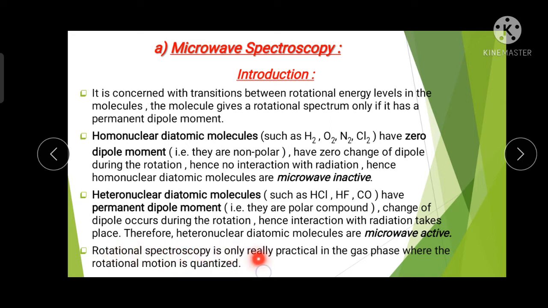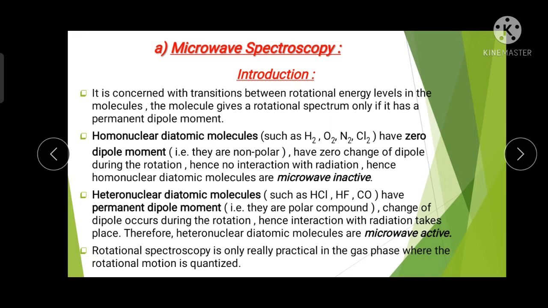Rotational spectroscopy is only really practical in the gas phase, where the rotational motion is quantized. We know that the energy levels are quantized, that means they take particular values, and in the rotational energy levels they are equidistant lines.